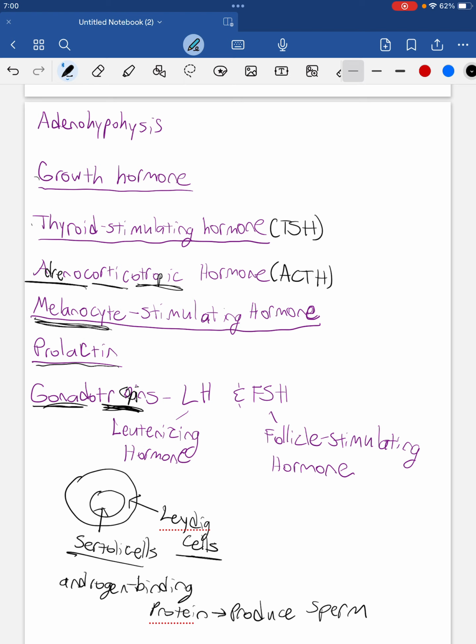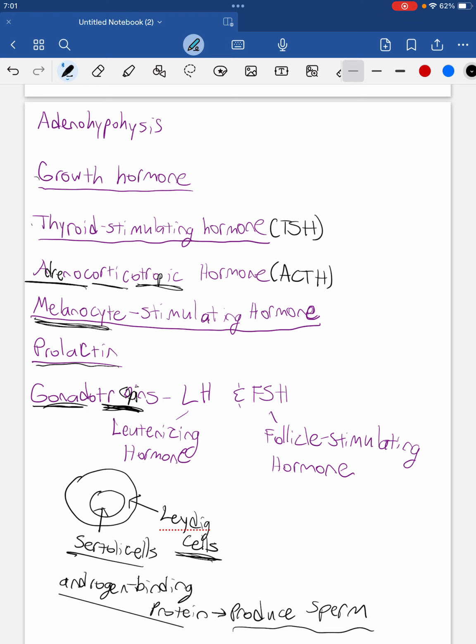So LH stimulates Leydig cells to produce testosterone, and then FSH stimulates the Sertoli cells to produce this androgen binding protein, which binds with the testosterone made by the Leydig cells to produce sperm. So pretty simple how FSH and LH work for males.